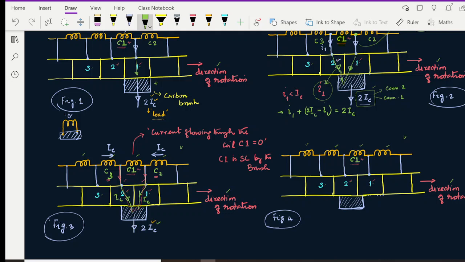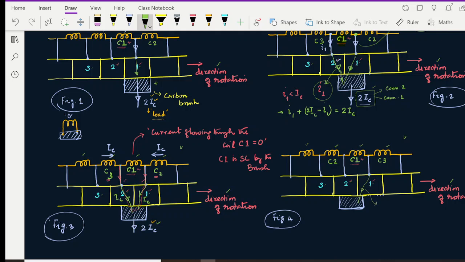Now in this case, coil number 1 is actually relieved from the perfect short. So in that case, if you look at coil 2 and coil 3, that is also important. There is a contribution coming from this commutator segment.